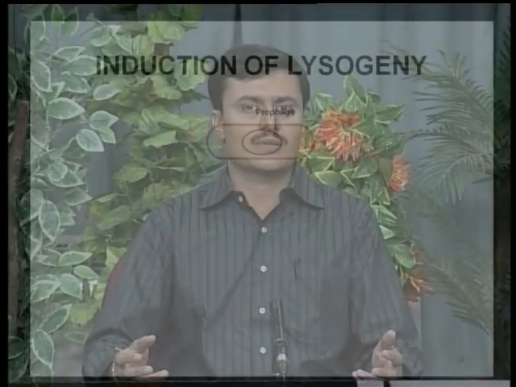Now, the important event which can affect the stability of lysogeny is the induction process. So, what is induction? We all know the prophage is the lysogenic state of the bacterial host with the bacteriophage genome.